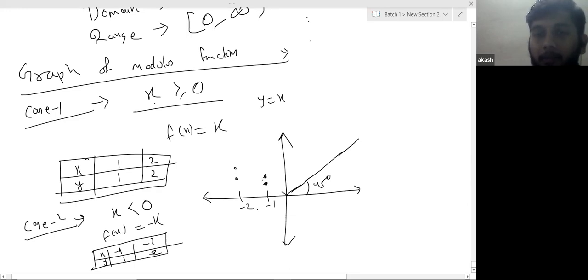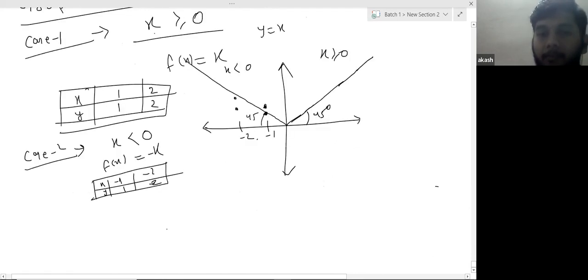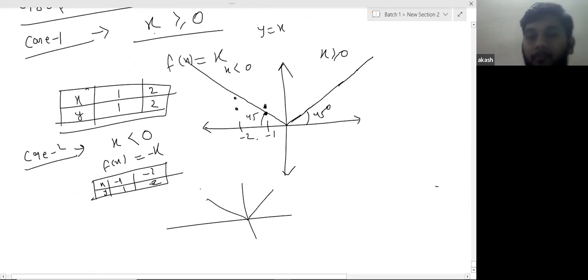So this will be the graph of modulus. Here x is greater than or equals to 0, less than 0. So basically it looks like this, V shape. Everybody clear?